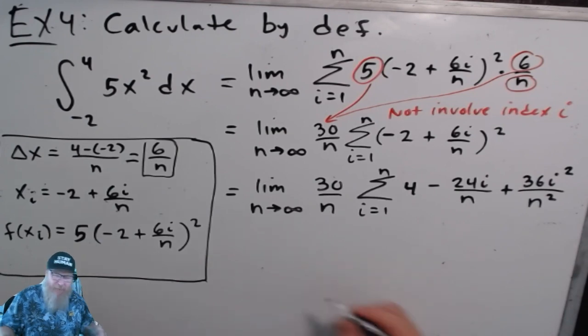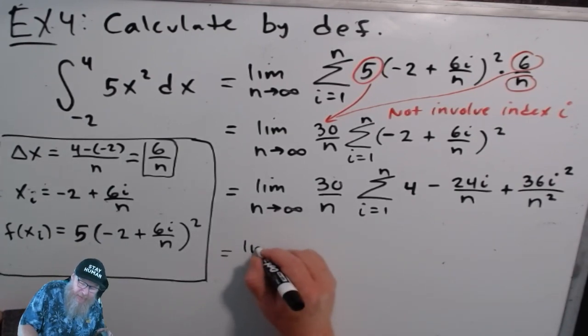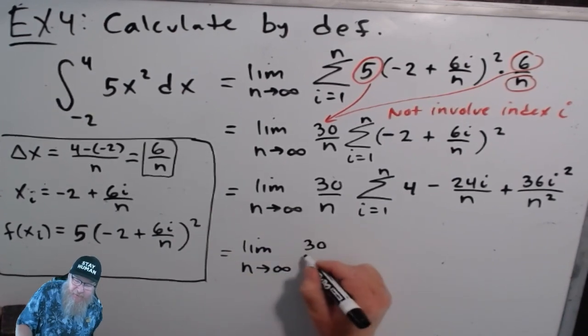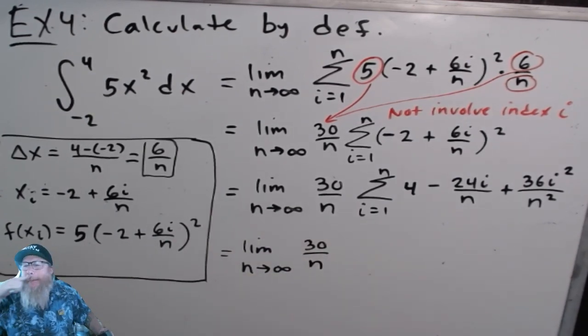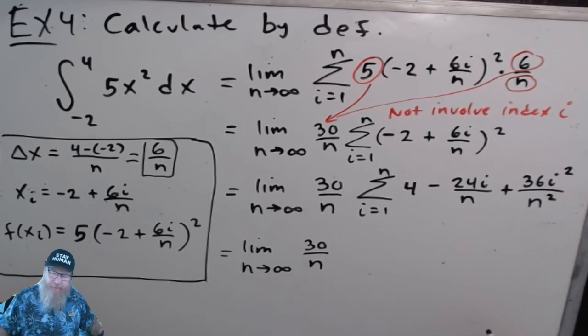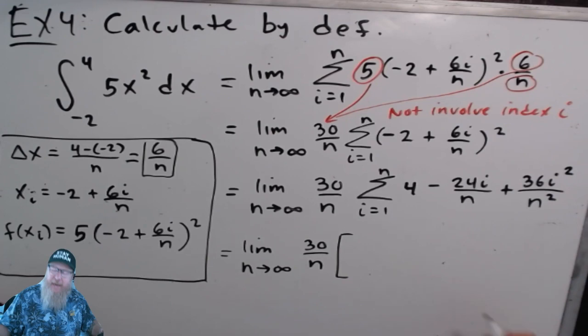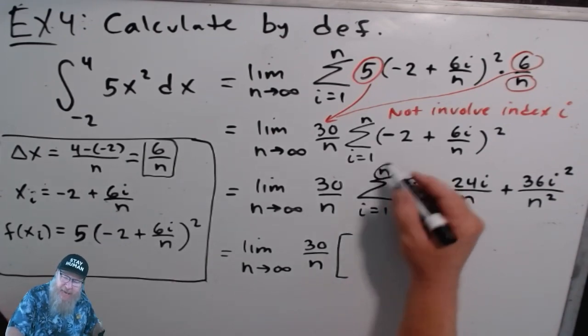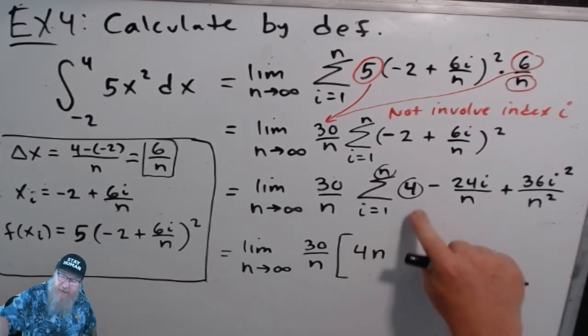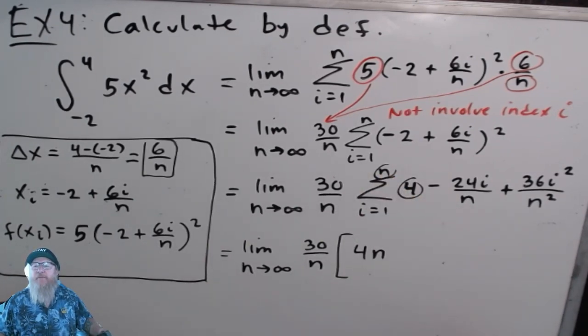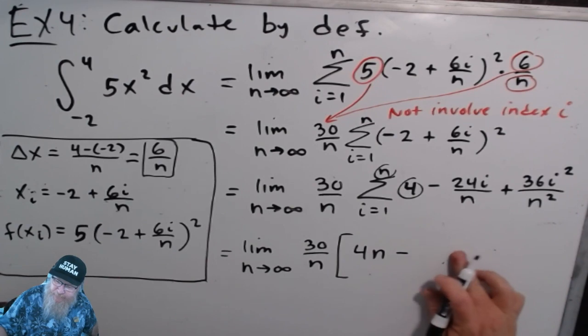All right, now we're ready to roll. So now we have the limit as n goes to infinity of 30 over n times, ready? 4 times n, right? That's a constant times the upper bound of the summation.